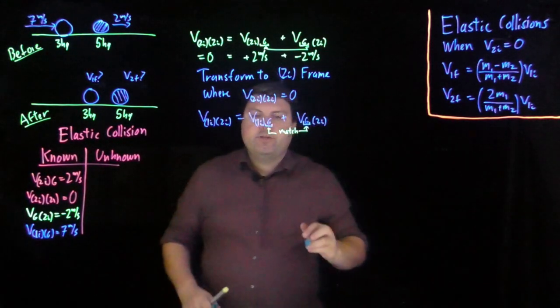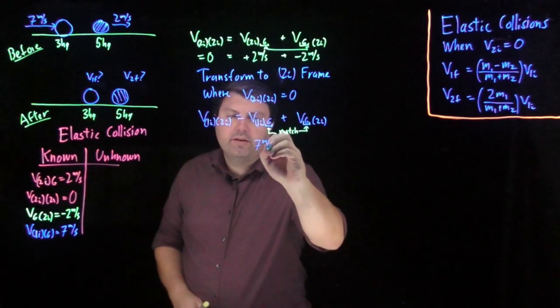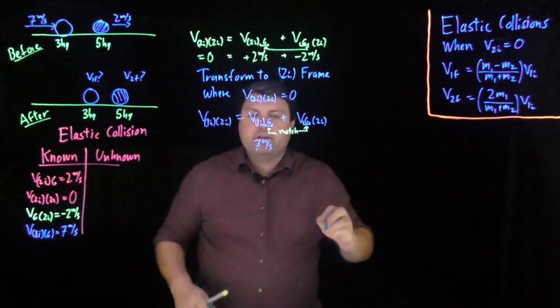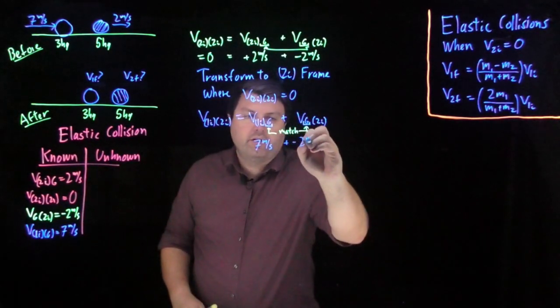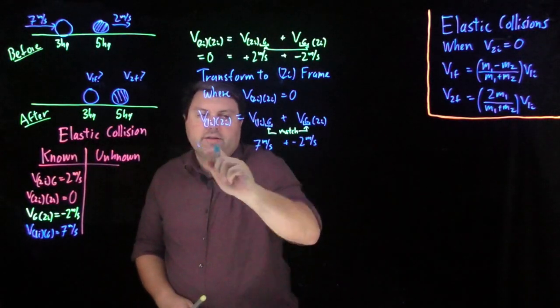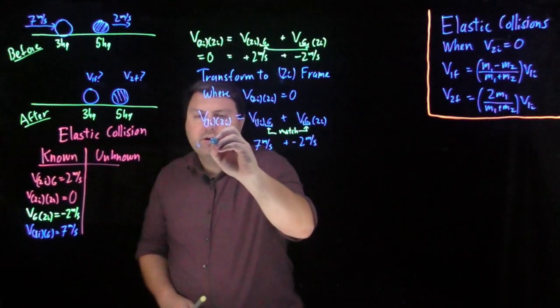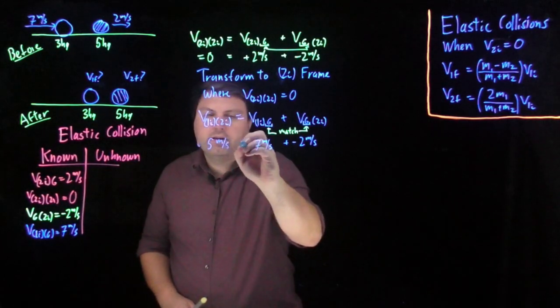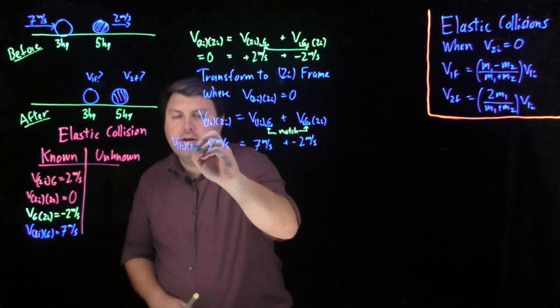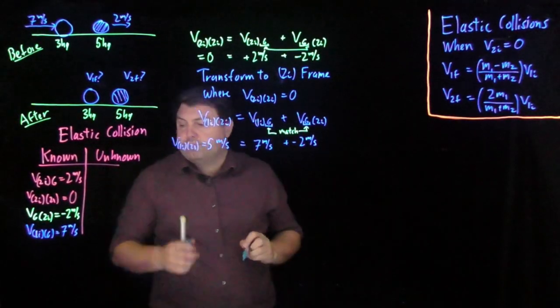I know v1ig is 7 meters per second, and I know that vg2i is negative 2 meters per second. And so my v1i relative to 2i is 7 minus 2, or 5 meters per second, which is my v1i in the frame of 2i.